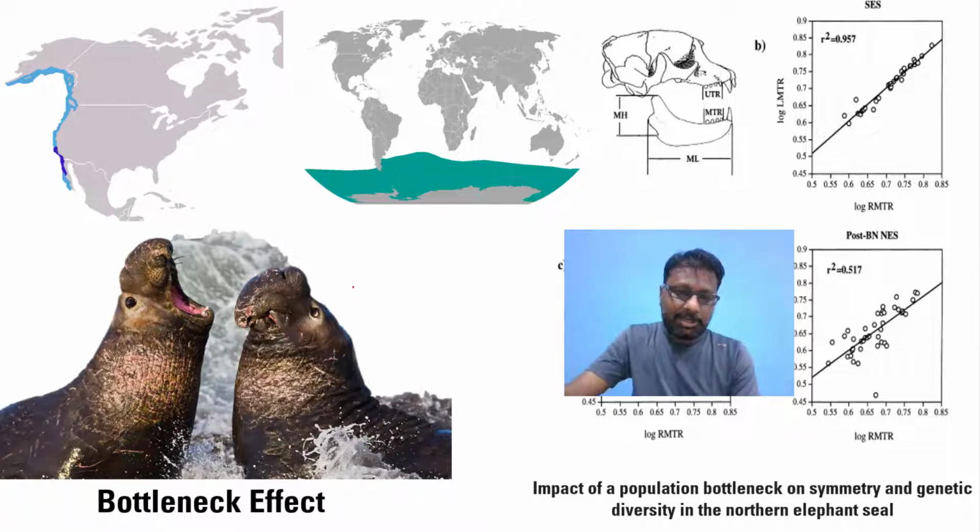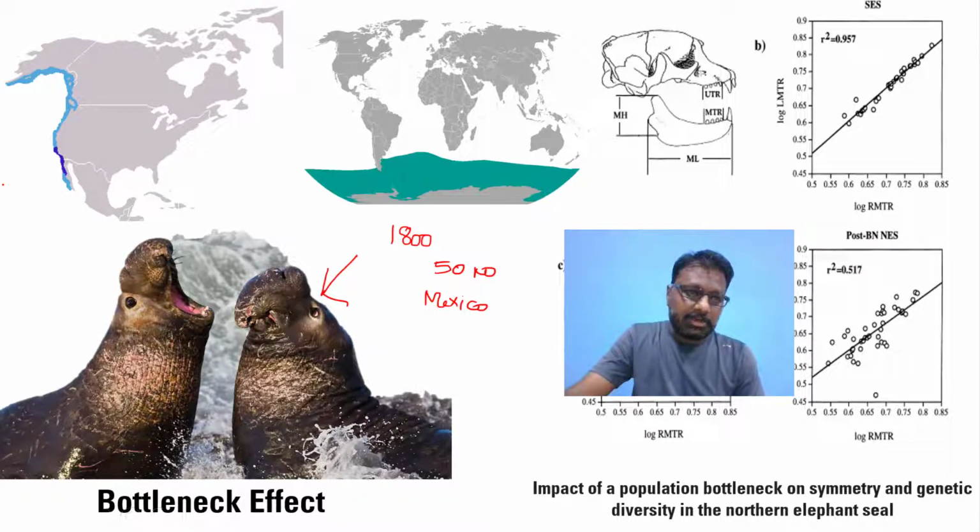The bottleneck phenomenon is very clearly noticed in the northern elephant seal. Basically, nearly in 1800, the population decreased to 50 in one of the Mexican islands.